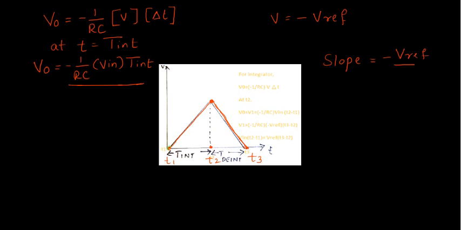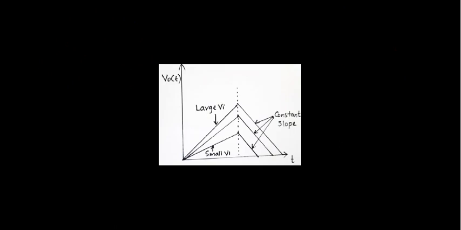Now, a very important point to be noted here is, please look at this particular diagram. Let us say that your analog input is unknown to us. Let us say that your VI is 1 volt, or 2 volt, or about 5 volt. So all these three conditions are shown here, right? Let us say that this is a smaller voltage Vin, say 1 volt.